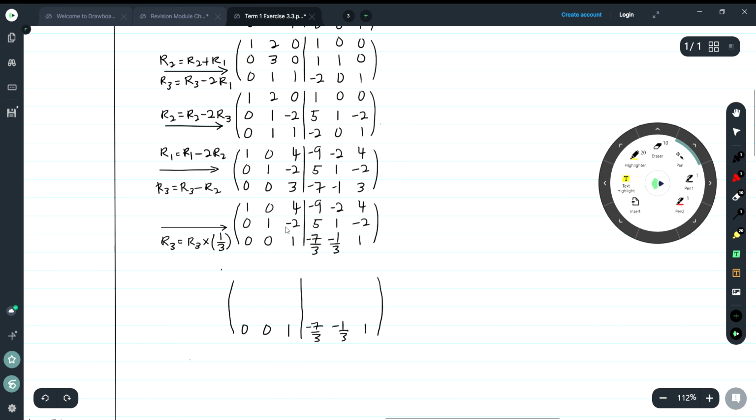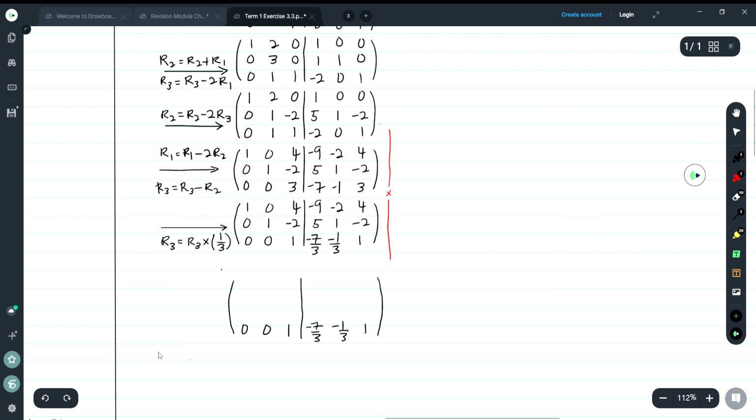We want to convert, let's say we continue with this value of negative 2, into 0. To convert into 0, the calculation should be minus 2 plus 2.